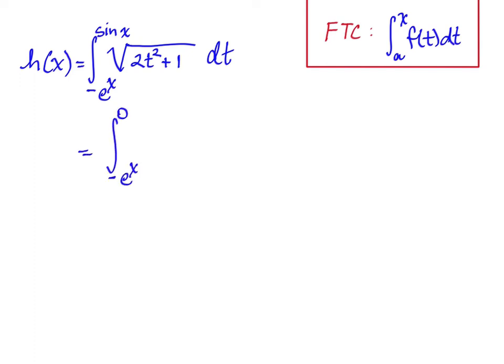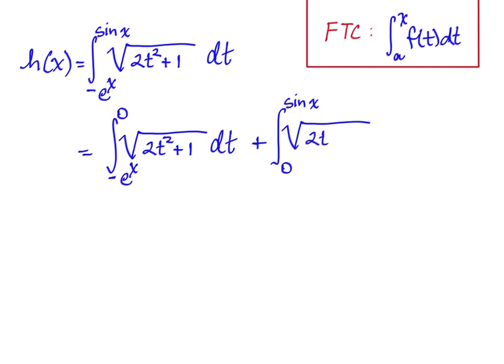So we can rewrite it as the definite integral from negative e to the x up to some number 0 of the function square root of 2t squared plus 1 dt, plus the definite integral from 0 up to sine of x of the square root of 2t squared plus 1 dt. So we've just broken up the interval of integration.